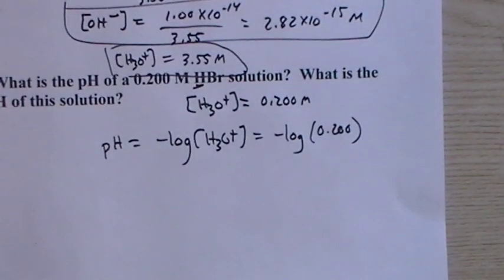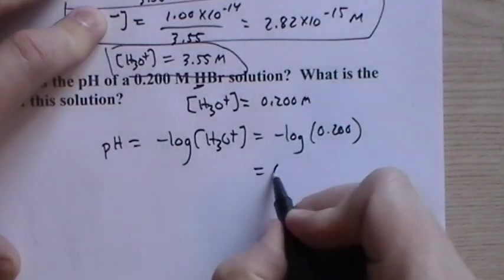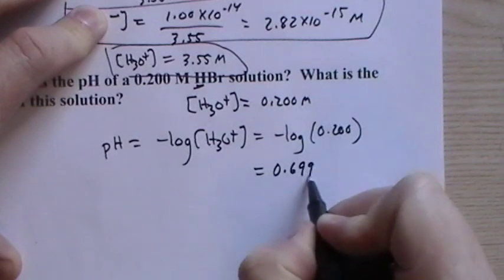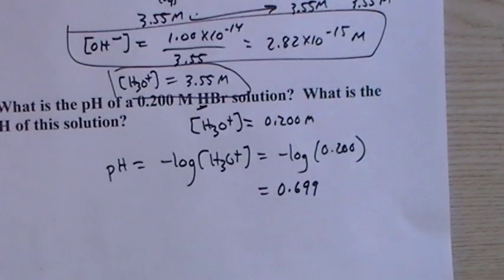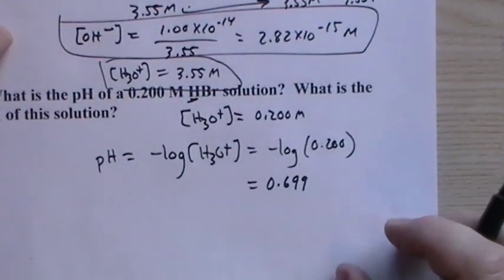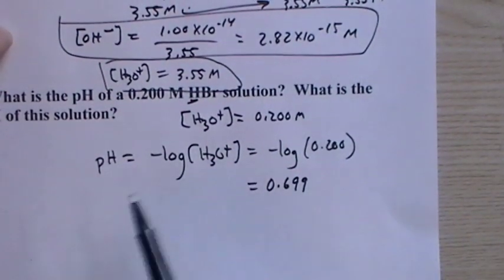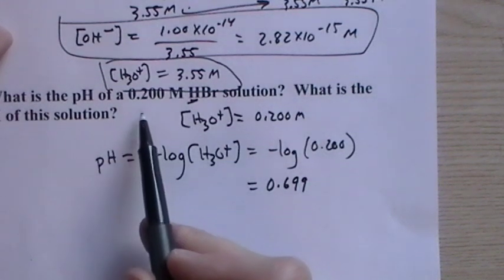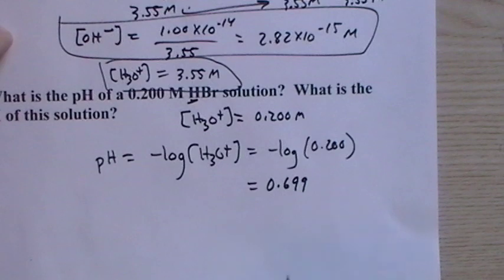So our pH is going to be 0.699. That's very low pH. It should be, because it is a strong acid, so we should expect that the pH should be less than 7, and since it's a fairly high concentration, it should be very much lower than pH 7.